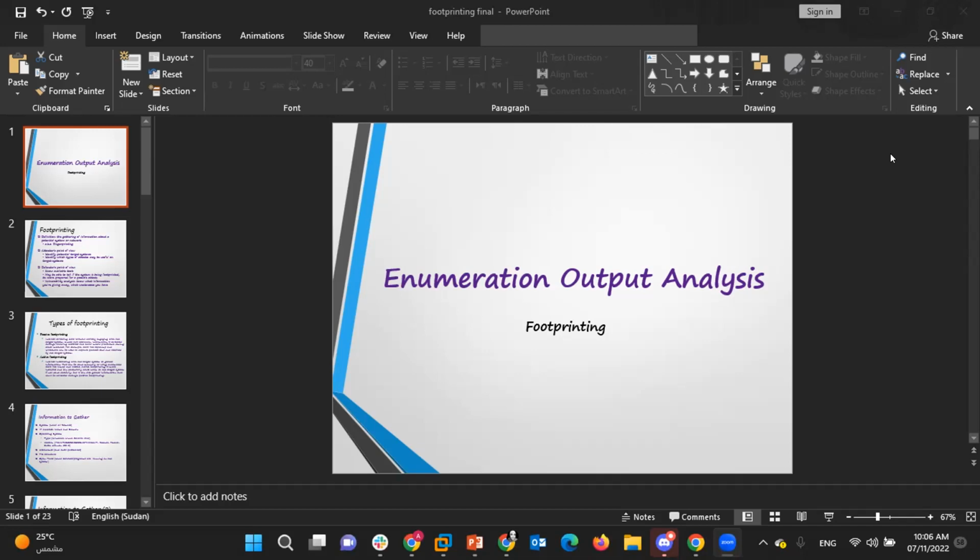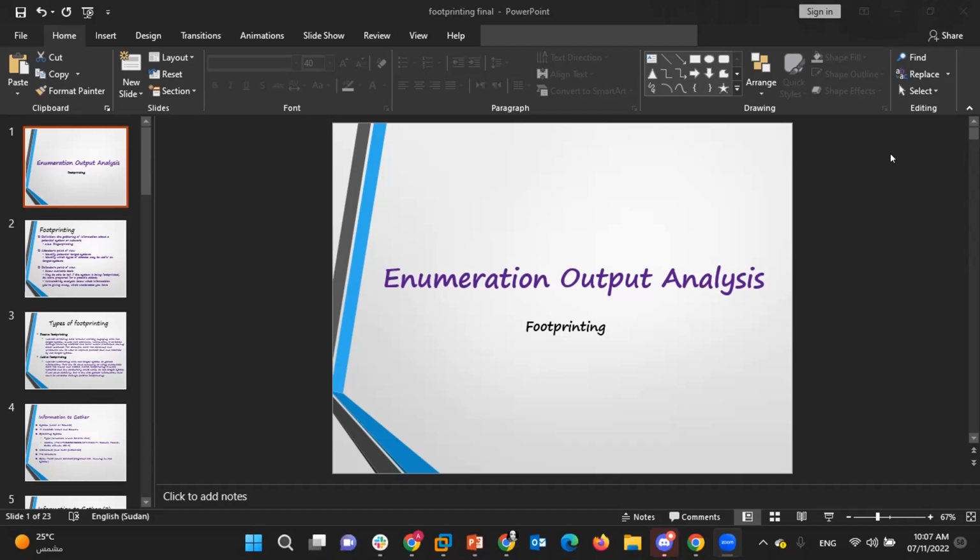In this stage, the attacker should collect much data about the potential system or potential person he needs to attack.